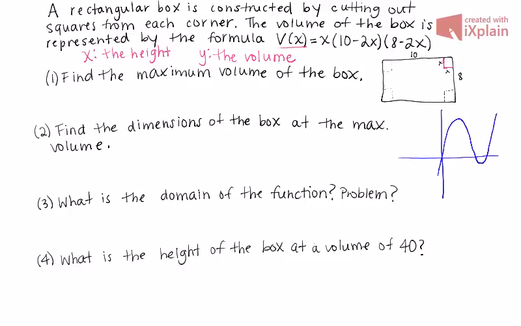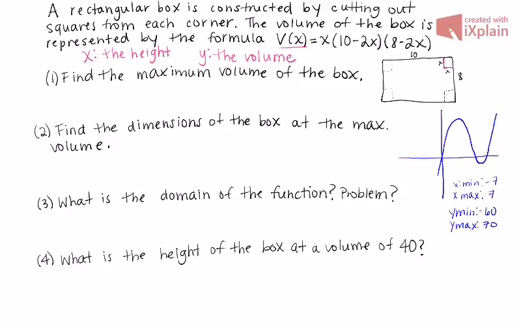The window that I used for this graph, I had an x min of -7, an x max of 7, and a y min of -60 and a y max of 70. So you should get a graph that looks somewhat similar to this.